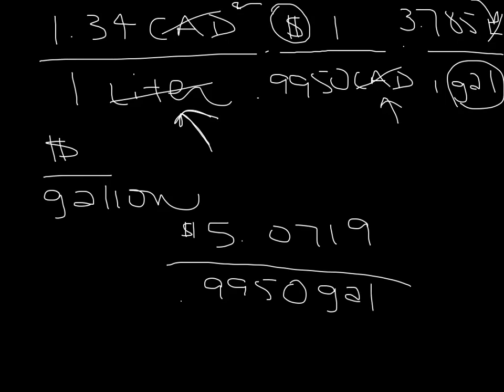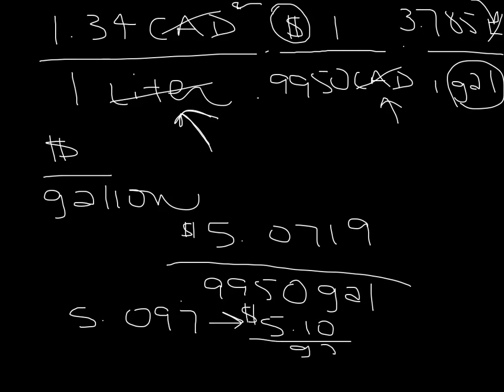So 5.0719 divided by 0.9950 would leave us paying 5.097, and when we change that to money, that's roughly $5.10 on the top per gallon. That's a high price to pay for gas.